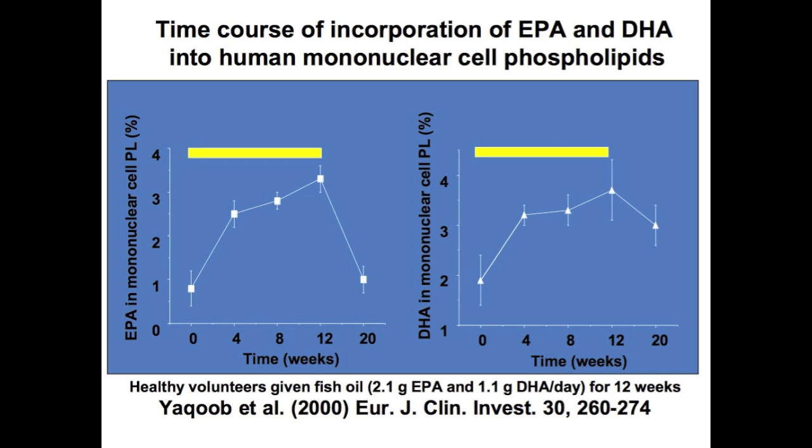If I was to show you this for platelets, which are turning over very quickly, although I don't have the earlier time points, it would have come up here and peaked very early. Anyway, in this study, after a month, both EPA and DHA had reached a new peak, and they stayed like that; continuing to take the supplement didn't change things very dramatically.